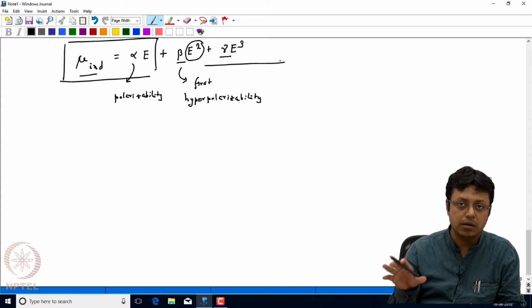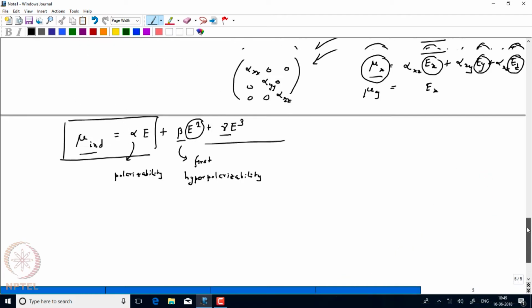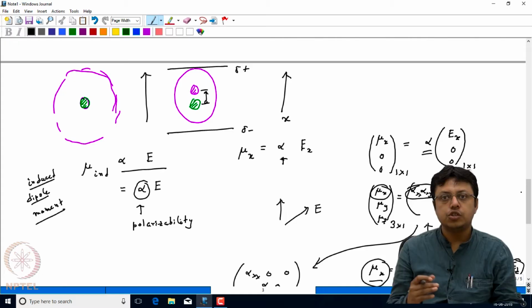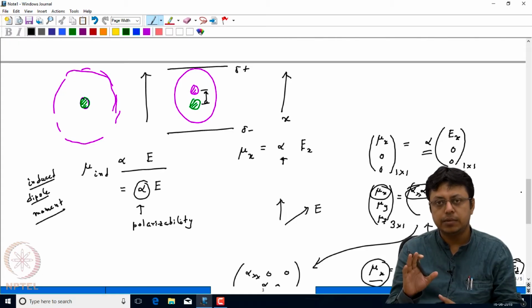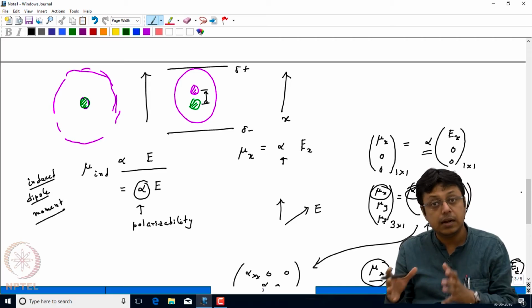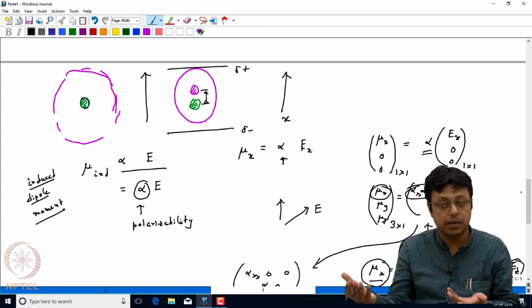Now, this higher order dependence will of course become important when the electric field strength is very high. For example, so far we have been discussing the application of the electric field as a static electric field, but we could also do it by applying light, because light has an electric field as well as a magnetic field, of course, which are oscillating in time and in space, because light is a propagating wave.